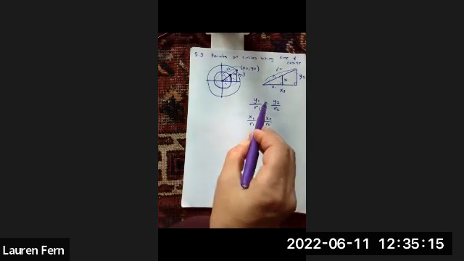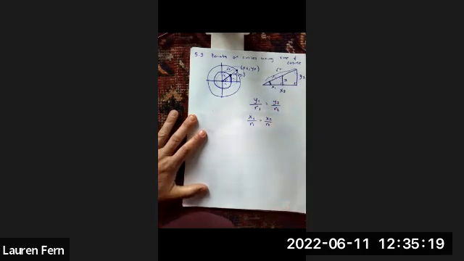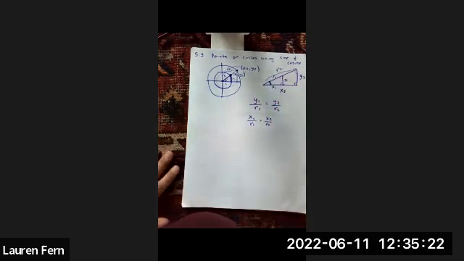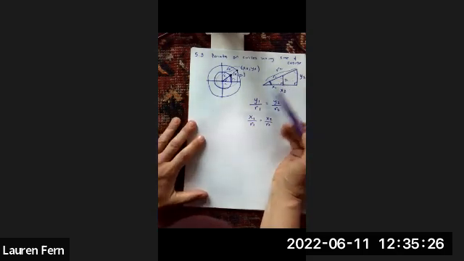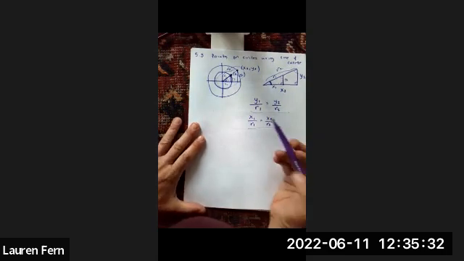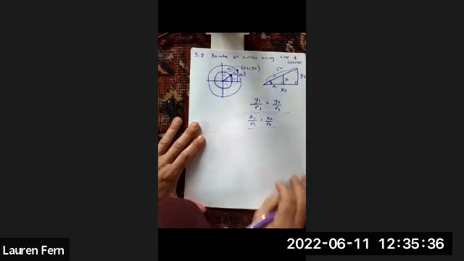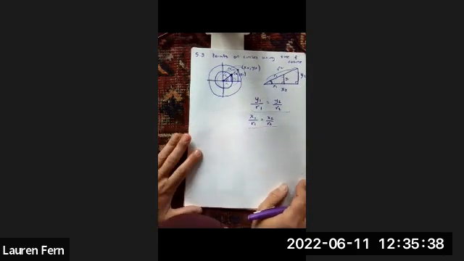Therefore, these ratios only depend upon the angle. So because these ratios are constant for any given angle, let's define the ratio of the sides as a function of the angle.